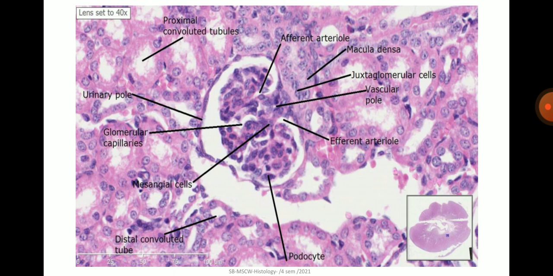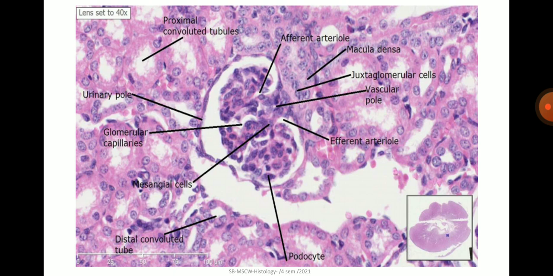Surrounding the glomerular region is the Bowman's capsule region. The space can be seen clearly there. There is a pole which is called the urinary pole. From that pole region itself, the proximal convoluted tubule usually arises, and this is just the sectional view. That's why it's called a histological structure.